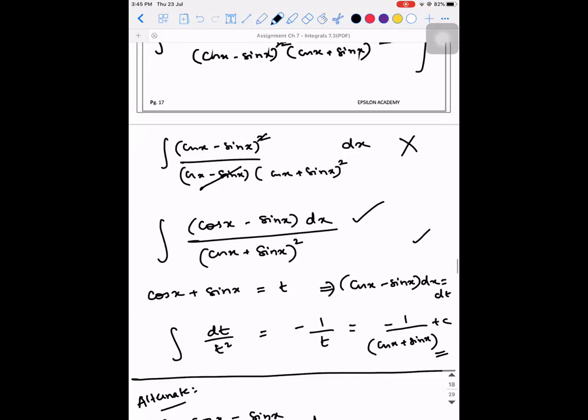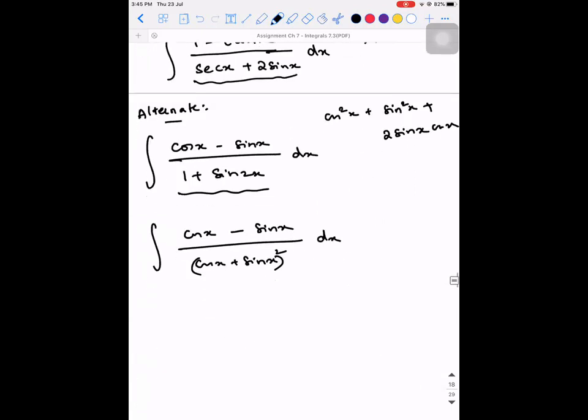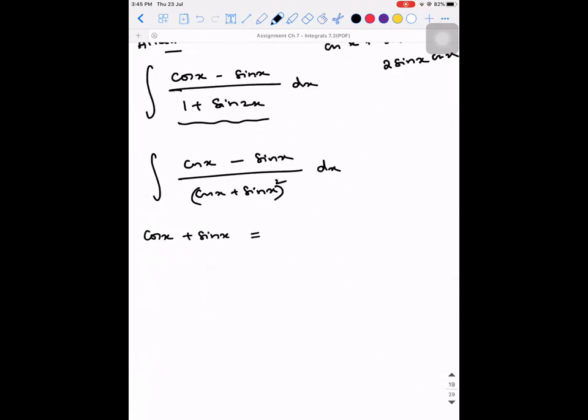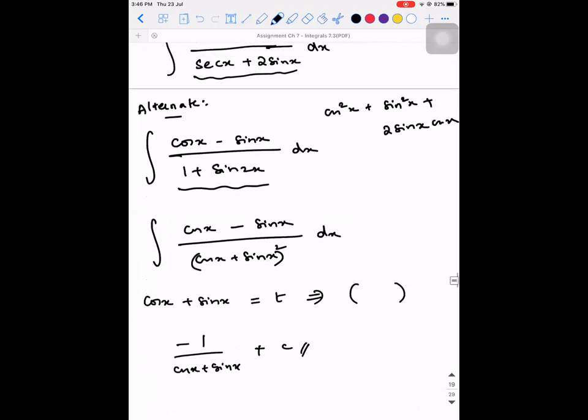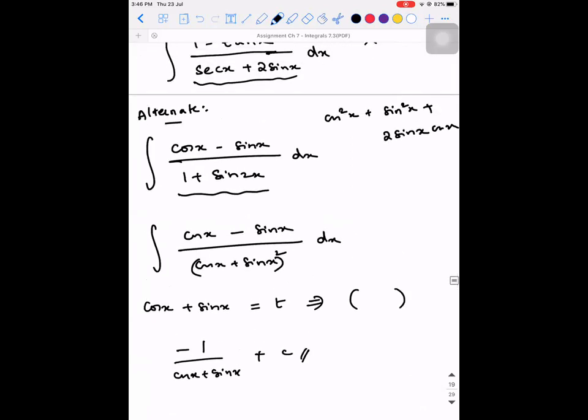Able to understand? Yes, sir. So still I can write cos x plus sin x as t and proceed in the same way. I'll get the answer as minus 1 by cos x plus sin x plus c. Varun, you're able to understand? Yes, sir. So you could have done that in the first step itself. Okay. So this is a simpler way.